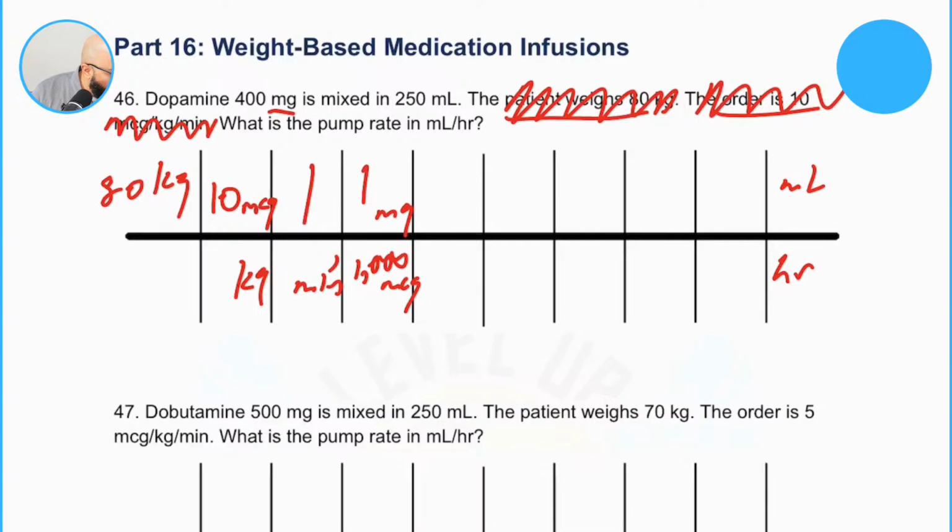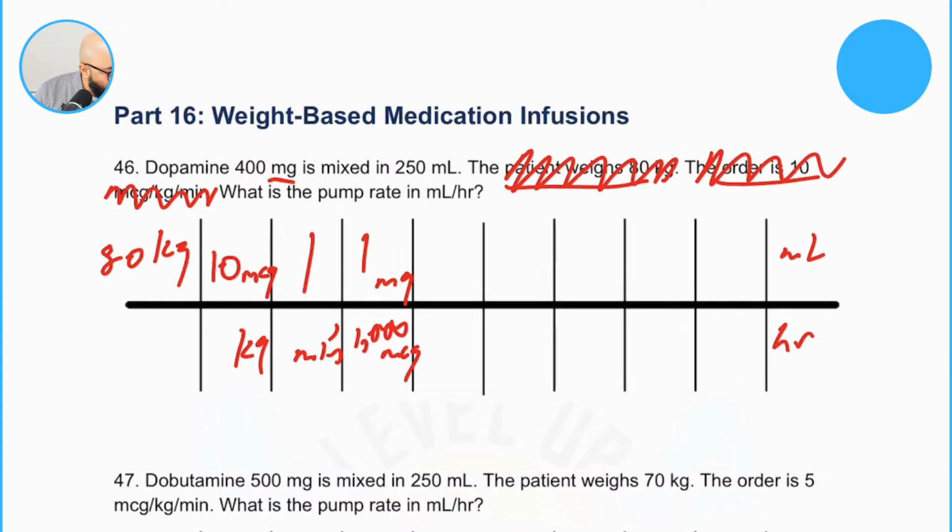Okay, let's see. Oh, but I didn't use this part yet. So since I have milligrams there, that means milligrams is going to go to the bottom. That's the only way I'm going to cancel it out. Milliliters is going to go to the top. I'm left in milliliters, boom, I have a match. Let's plug those numbers in. What goes with milliliters? That's going to be 250. What goes with milligrams? That's going to be 400.